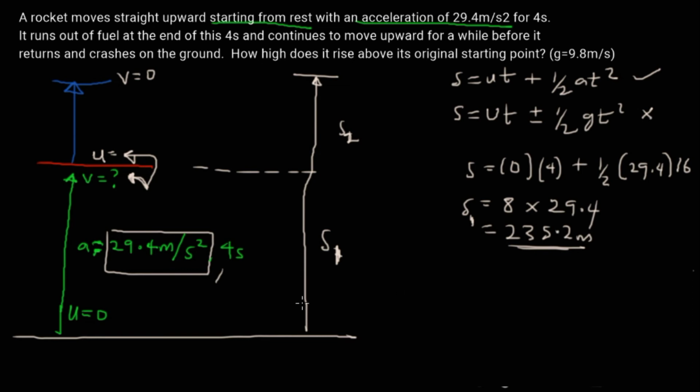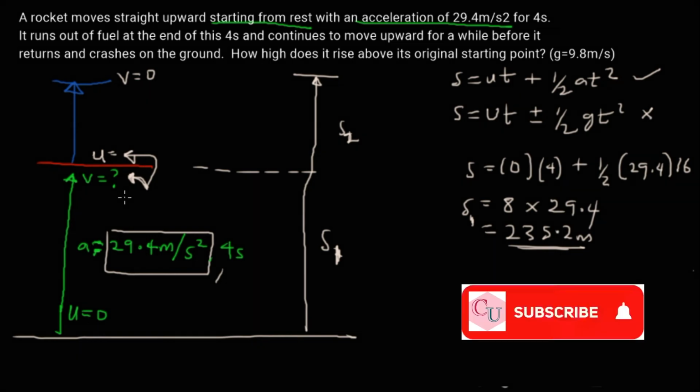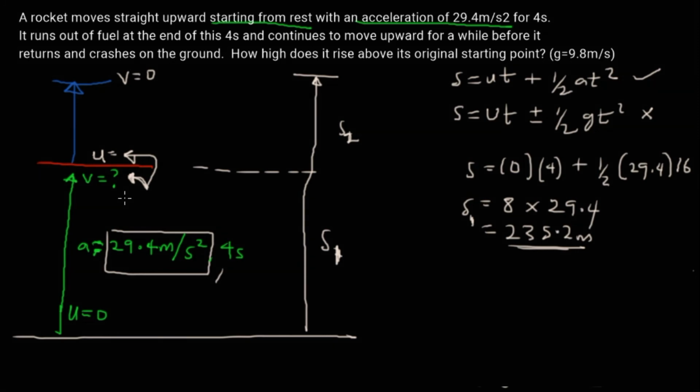It has zero initial velocity that has been increasing up to this point, so we have a final velocity. But this acceleration is due to the engine of the rocket, it's not due to gravity.